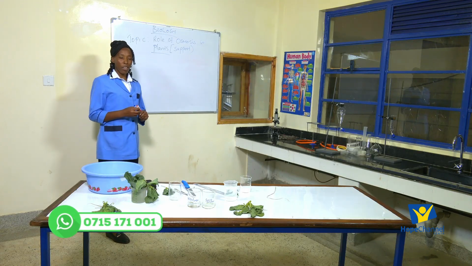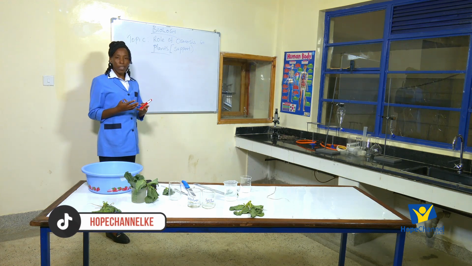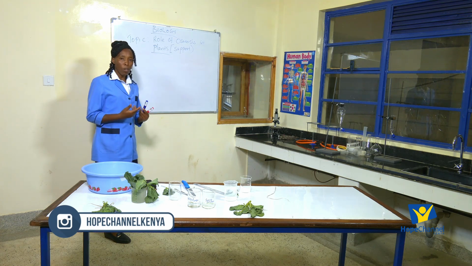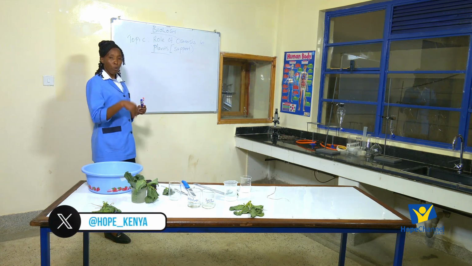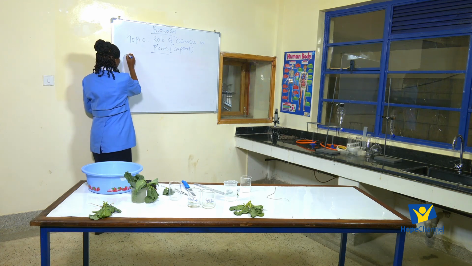Basically, you want to discuss why some plants look flaccid, others look turgid, and some leaves droop. So you want to explain that using a plant cell.